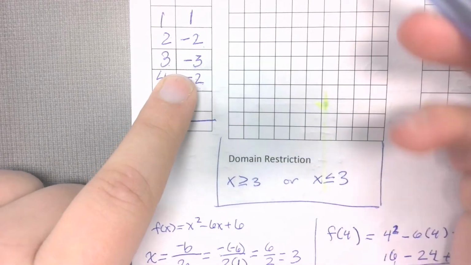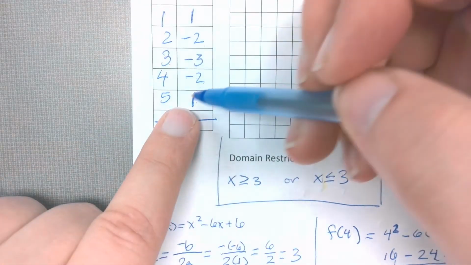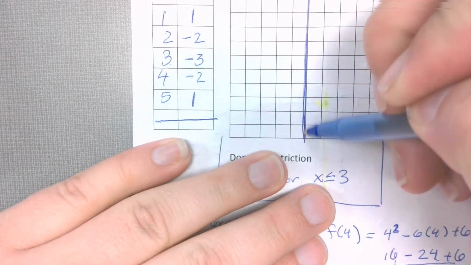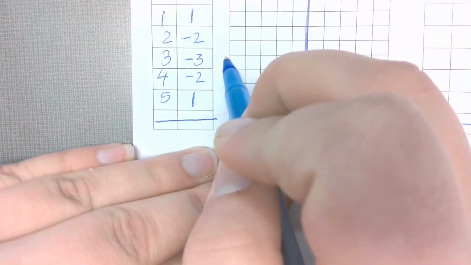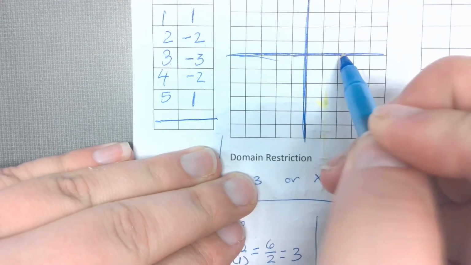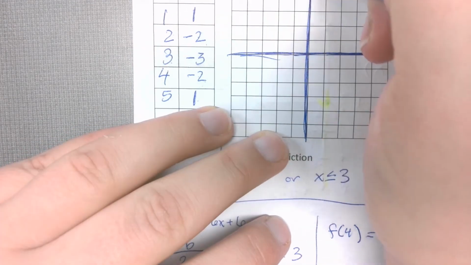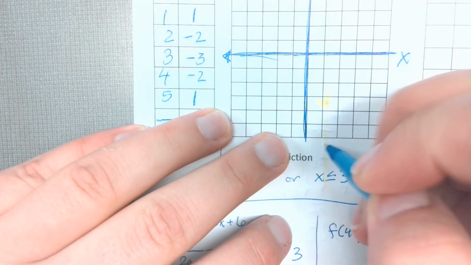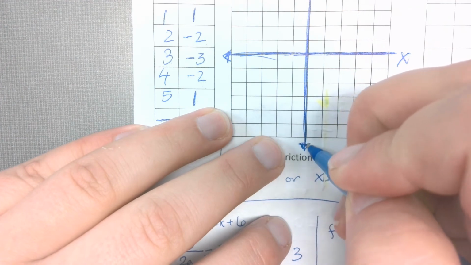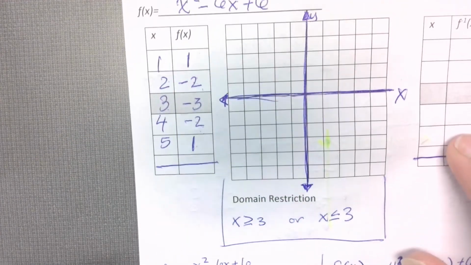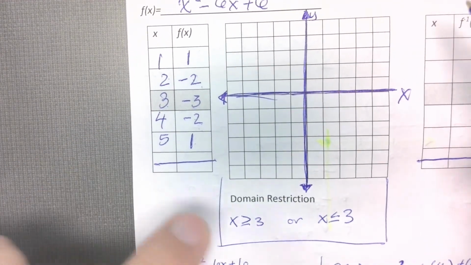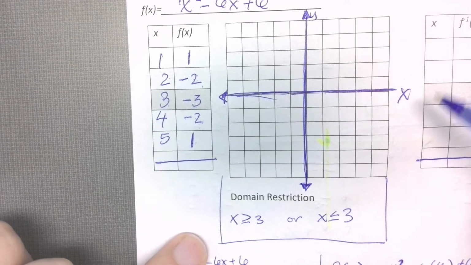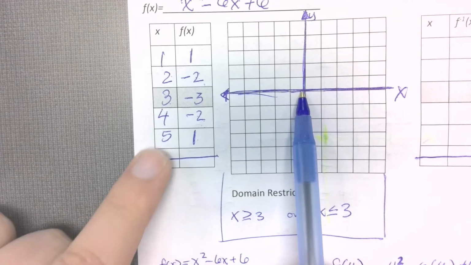Okay, on this one, it's probably just easiest. 3, negative 3. None of these numbers are really that big, so I'm just going to put the axes right in the middle. All right. Laura, can you help me? Where am I going to put my vertex? Tell me where to go.